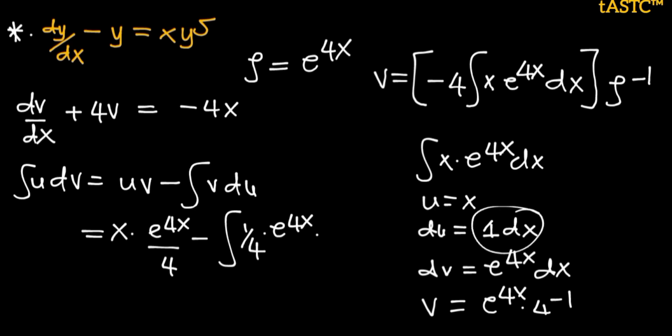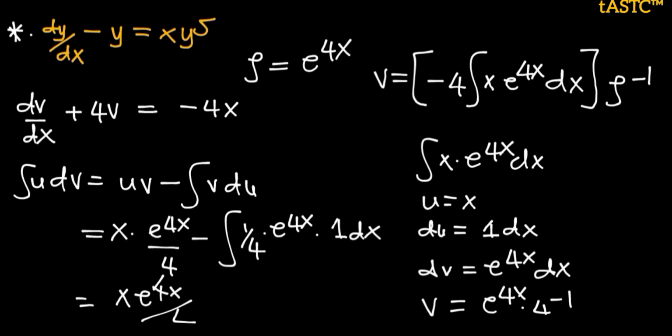Du in this case is 1 dx, so I just need to write that there. So this stuff is going to come out. So this is going to be 1. Well, this is x e to the 4x all divided by 4. And this is minus 1 over 4.